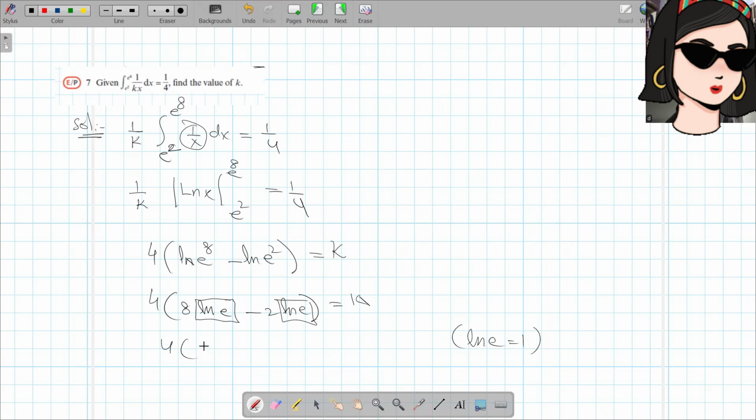So we'll be left with 8 minus 2 equals k, and 4 times 6 is 24, so k equals 24. This is the required value. So you see, I'm writing systematically. You need to write it like this if you are attempting any exam. It is very important that you write systematically.